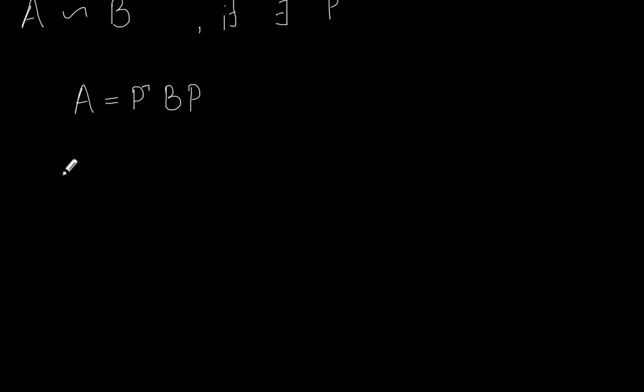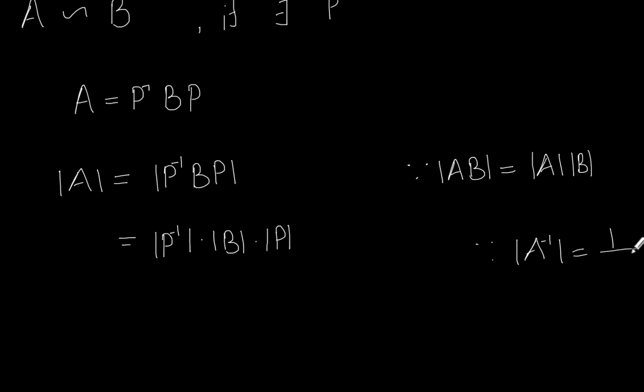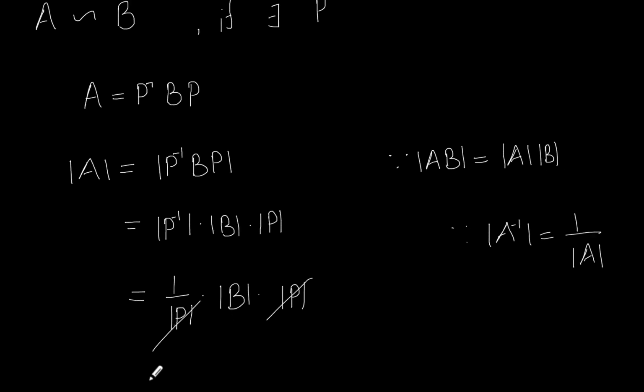If you take the determinant of both sides, using the property of the determinant of a product of matrices, it is the same as determinant of P inverse into determinant of A into determinant of P. Also using the property of the determinant of an inverse matrix, this is the same as 1 upon determinant of P, so this cancels out.